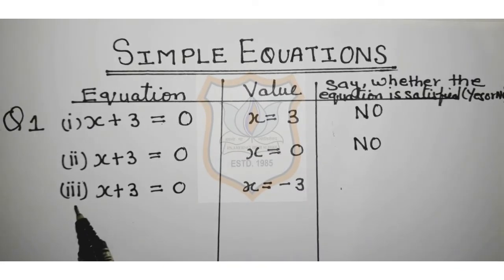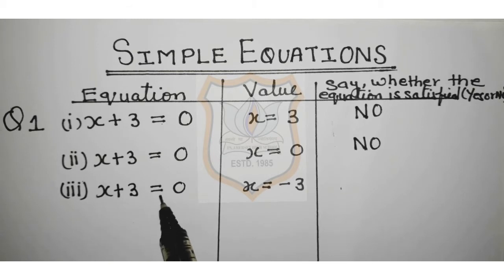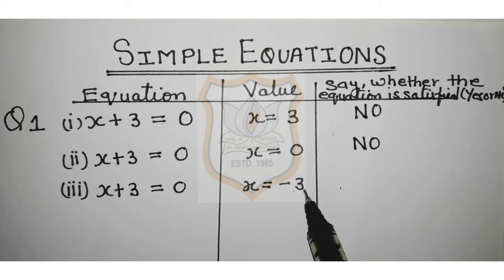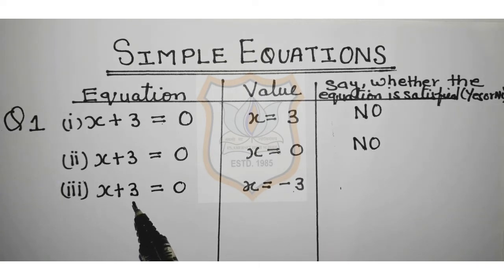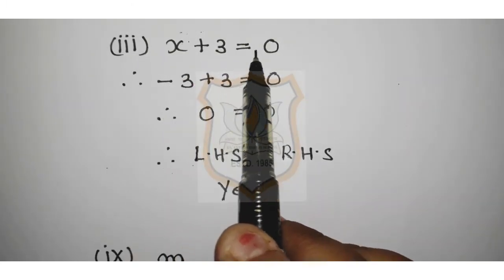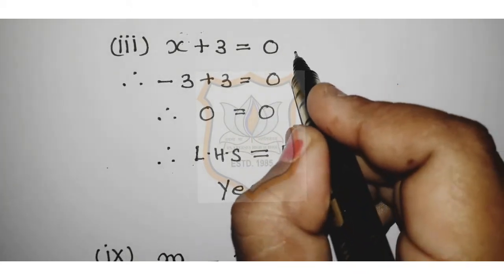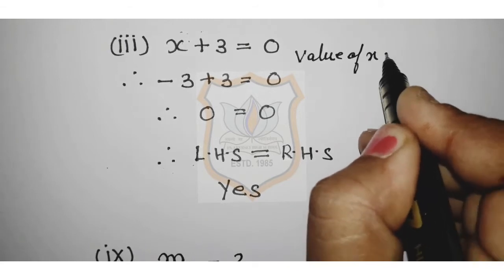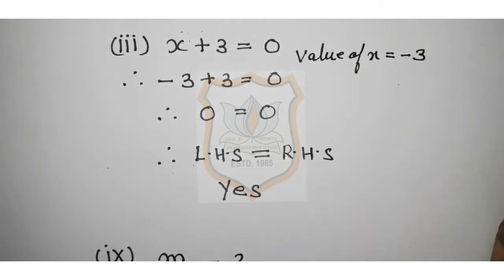Students, we will solve third part of question number 1 and that is x plus 3 is equal to 0 where the value of x is minus 3. Now I will put the value of minus 3 in the equation and find out the answer of the question. So students, this is the equation x plus 3 is equal to 0 and value of x is equal to minus 3, that is given.